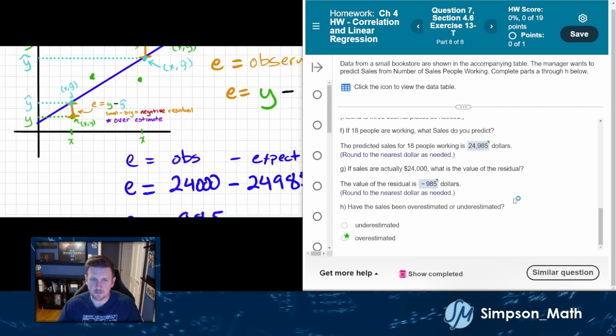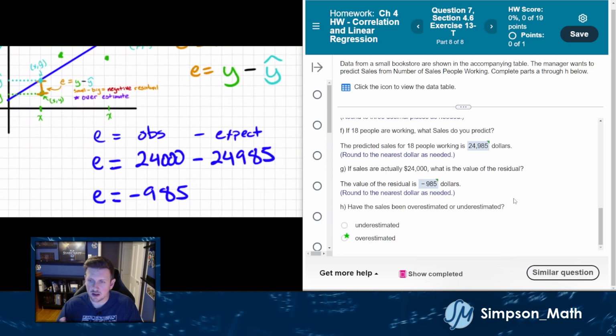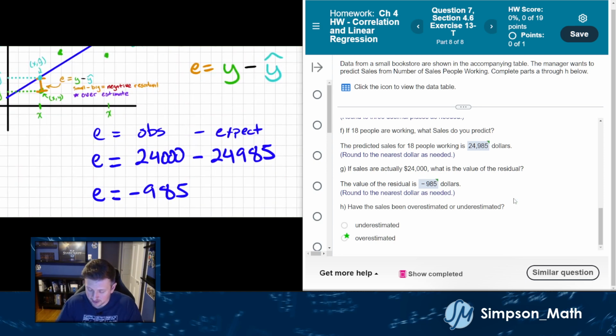So for this question, I need to find the residual of 18 people. So if 18 people are working, we predicted $24,985. Well, we actually got 83, but I'm using the 85 here. Then we said, oh, but what if you actually observed, what if there really was just 24,000?